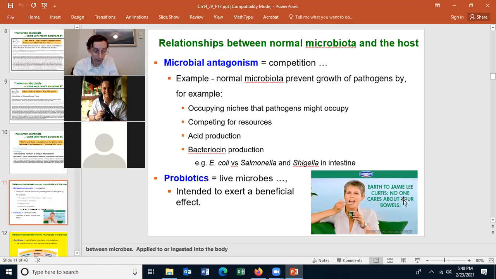And these individuals are much more likely to get a skin lesion than individuals who do not have Staphylococcus aureus as a part of their normal skin microbiota. And in humans, Staphylococcus aureus is found much more frequently in the nasal passages. About 50% of Americans have Staphylococcus aureus in the nasal passages.